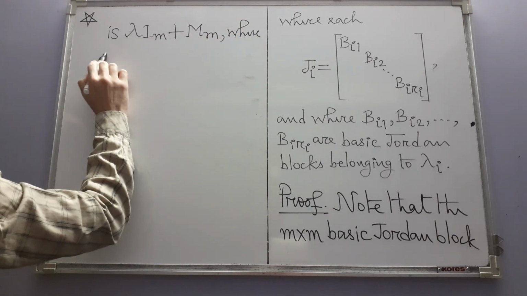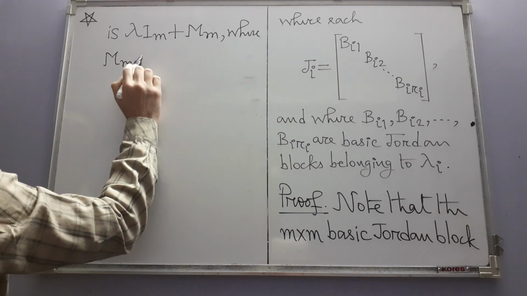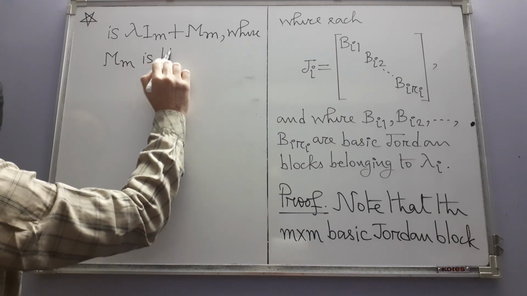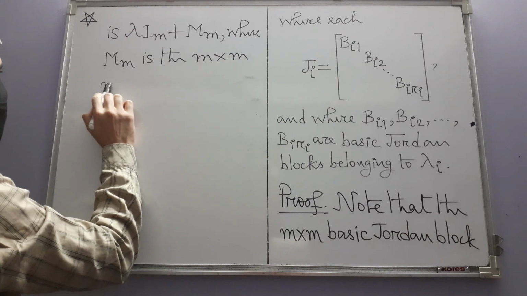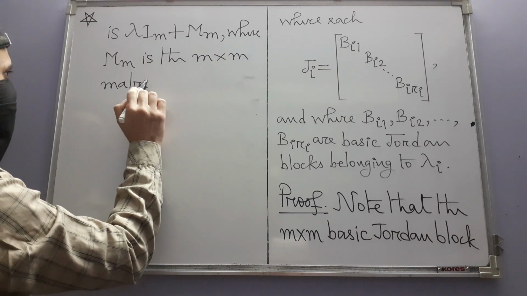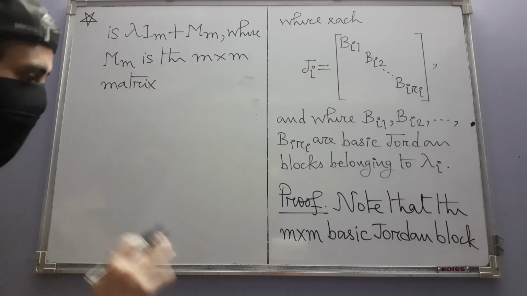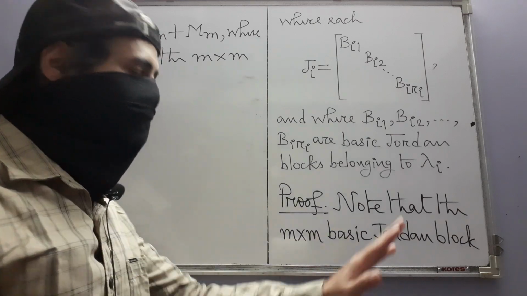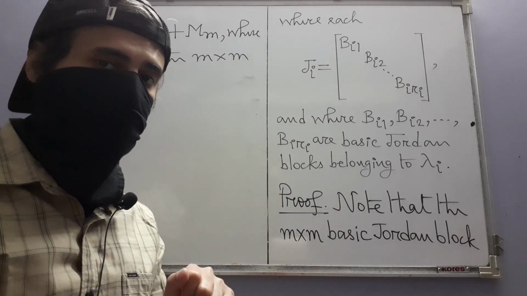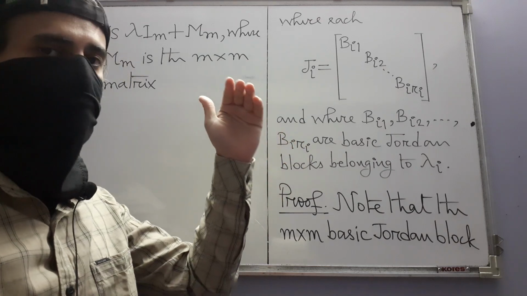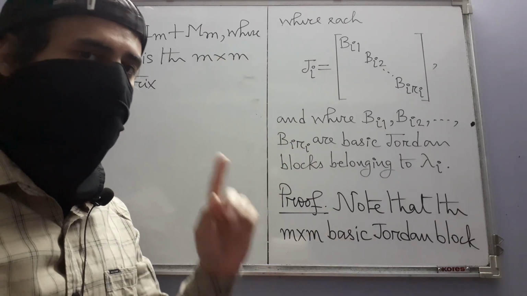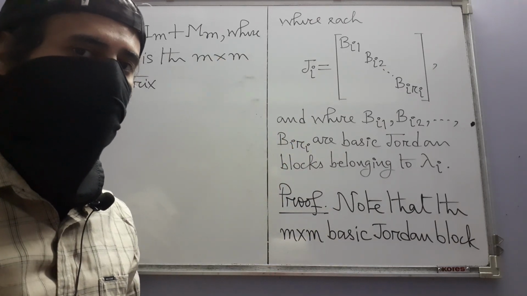where M_m is the m by m matrix where almost all the entries are 0 except the entries on the super diagonal, the diagonal that lies above the leading diagonal, and there all the entries are 1.